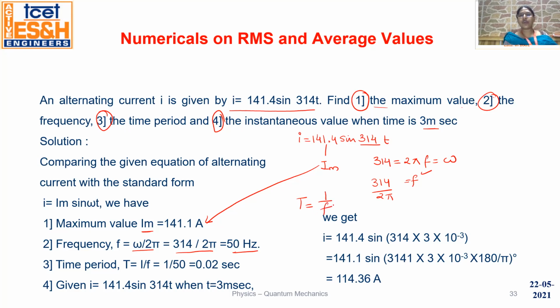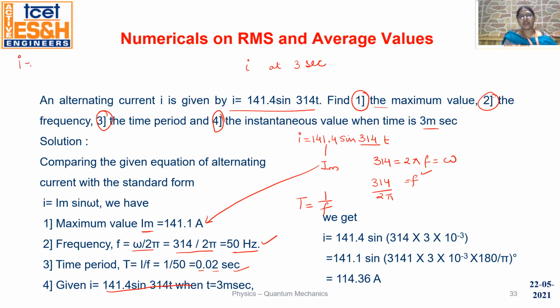Now time period: T is equal to 1 by f, 1 by frequency. Frequency we already have, 50 hertz. So 1 by 50 is equal to 0.02 second. Now this equation is given, and they ask the instantaneous value of I at 3 millisecond. So what do we have to do?